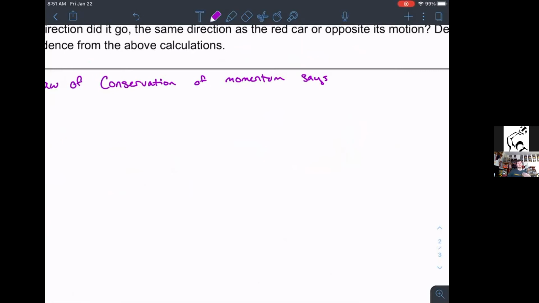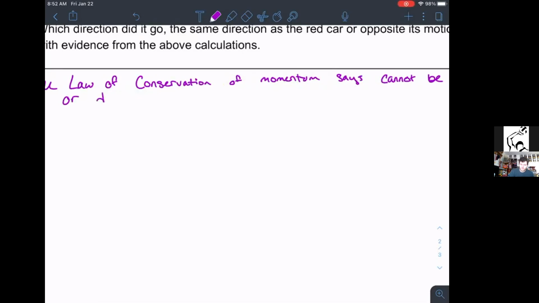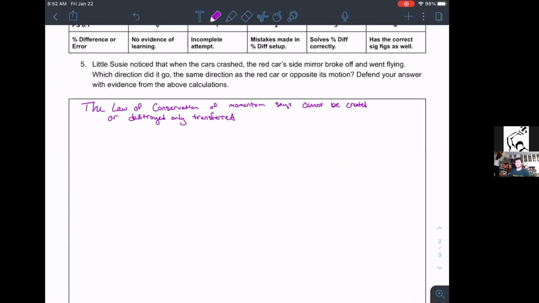It's not going to go anywhere. If it changes, it has to go somewhere else. So it can only be transferred. It can't be created or destroyed.